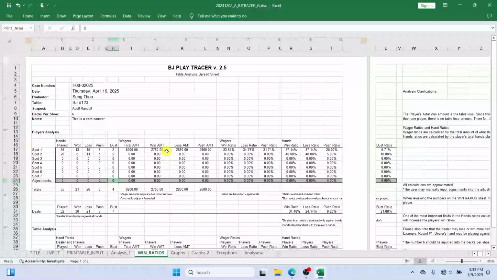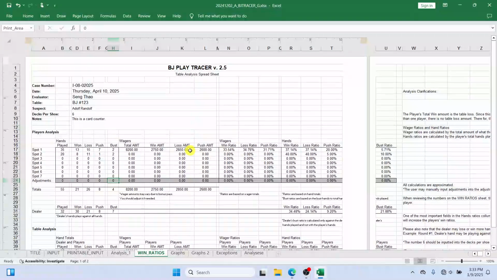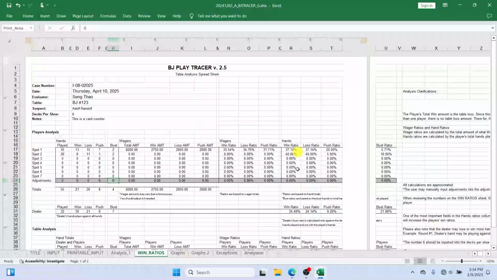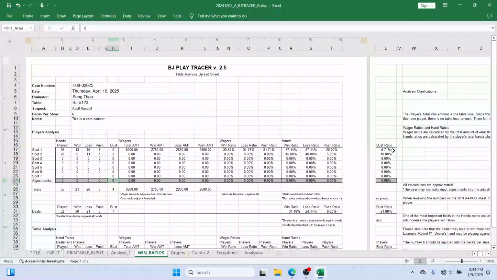Win amount is $2,750. They lost $2,850. Pushed $2,600. So win ratio is 33%, loss ratio is 34%, push 31%. This is based off the wagers. Based off the hands, it's here: winning ratio and loss, and you have the push and then the bust ratio.